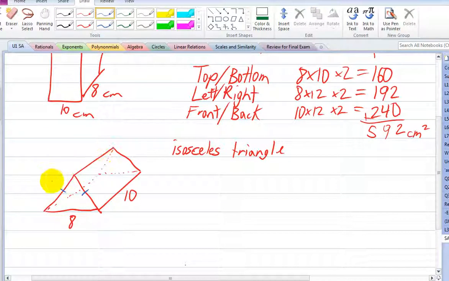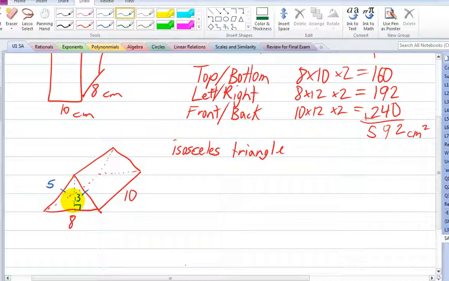Let's say that this is 5. I'll even tell you a fake height. Normally you have to calculate that using Pythagoras, but I'm going to be nice today. 5 and 4, I know exactly what it'd be. It'd be 3.